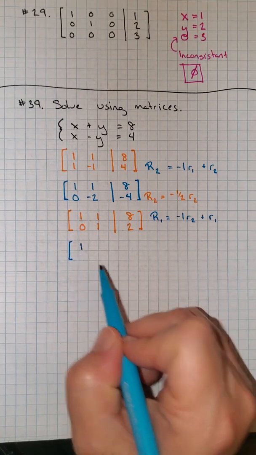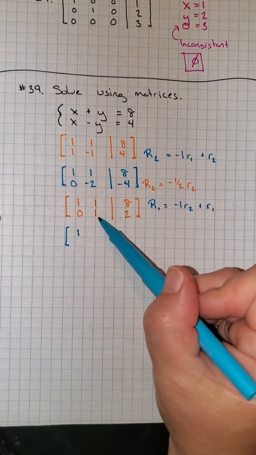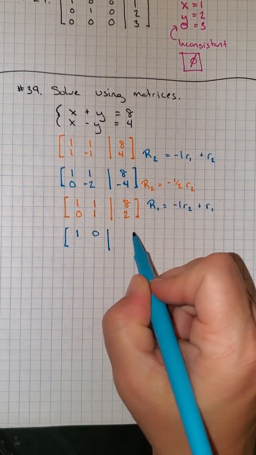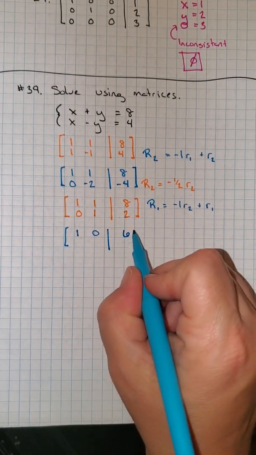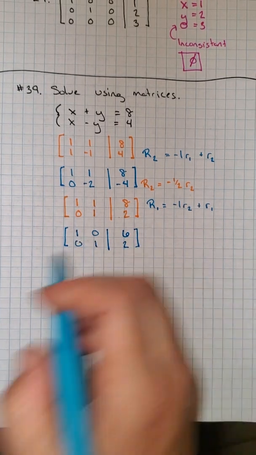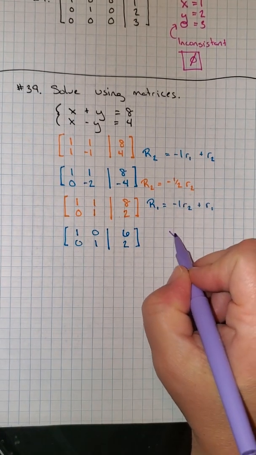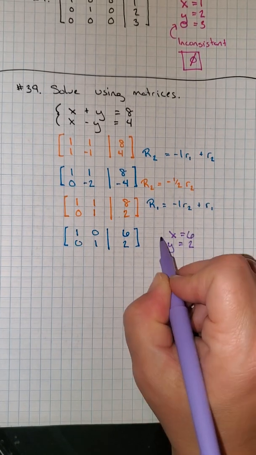Plus 1, that's why that's okay, because that stays 1. -1 times 1, -1 plus 1, there's our 0. -2 plus 8 is 6. And then row 2 stays the same. And there is the answer to the system of equations. You would have x equals 6 and y equals 2.